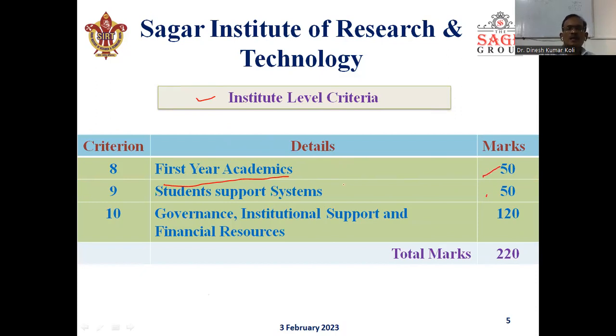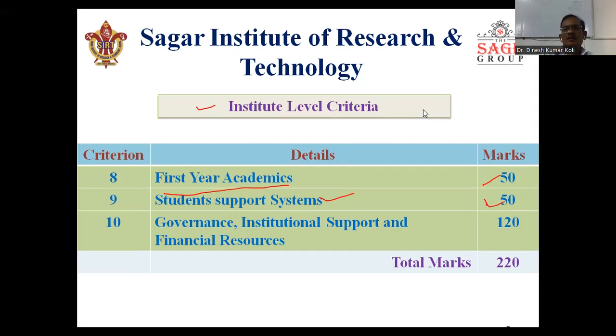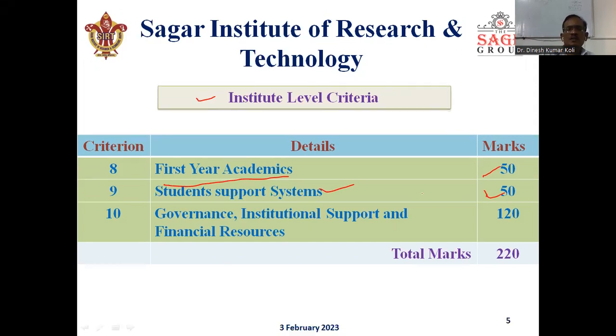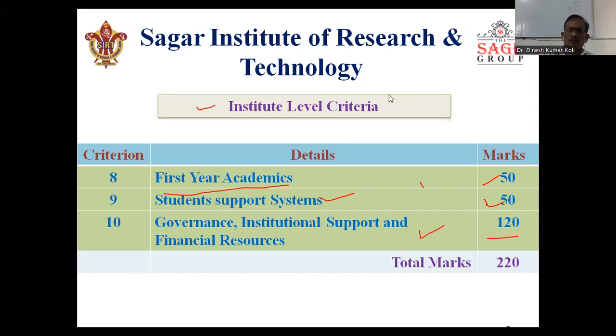Then criteria 9, which is the student support system, covers again 50 marks. So criteria 8 and 9 cover 100 marks or 10%, and criteria 10 covers 120 marks. So it is the distribution of criteria 8, 9, and 10 from the institute level.